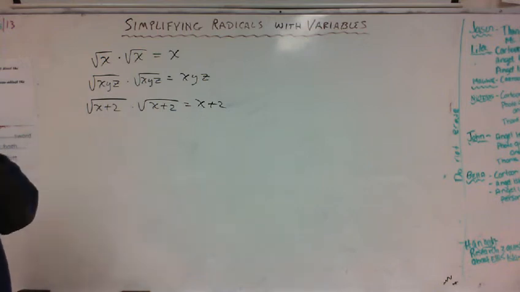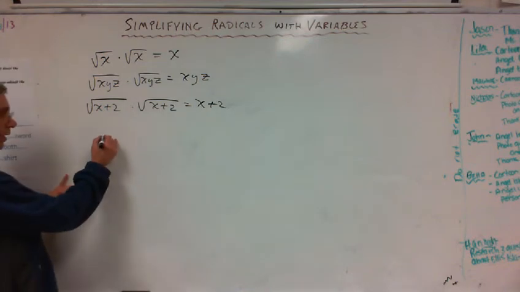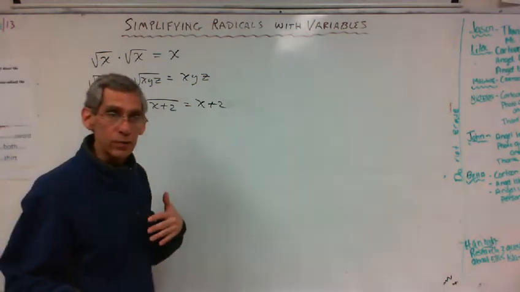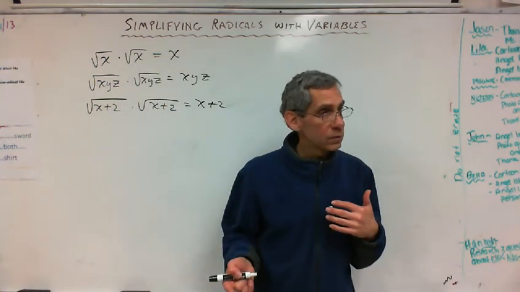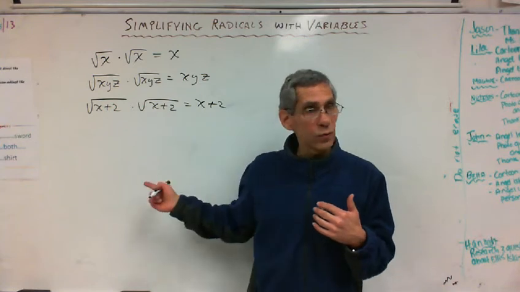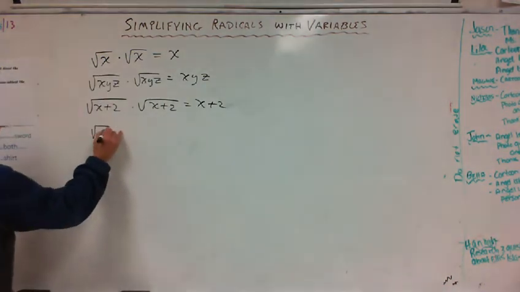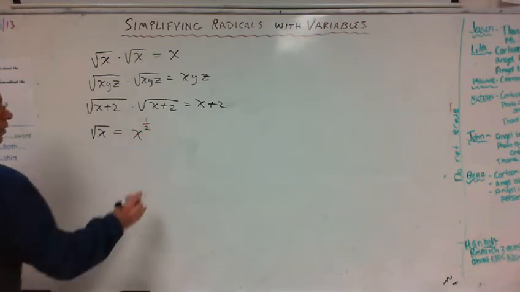So, the other thing I wanted to talk about is this. I can write radicals with an exponent. The square root of x is the same thing as x to the 1/2 power.